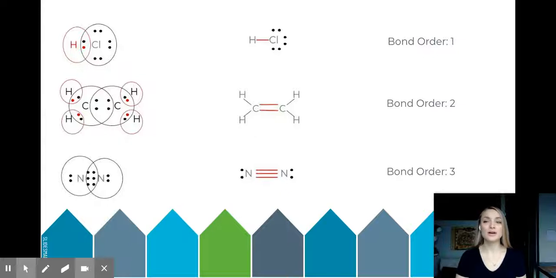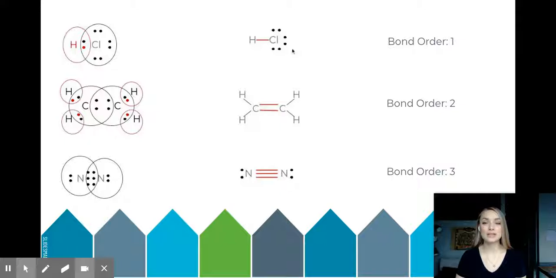If we look at our hydrogen and chlorine, we can draw a Lewis electron dot diagram, and I've drawn a red circle around the hydrogen and a black circle around the chlorine to indicate which electrons are being felt as belonging to each atom in that covalently bonded pair.